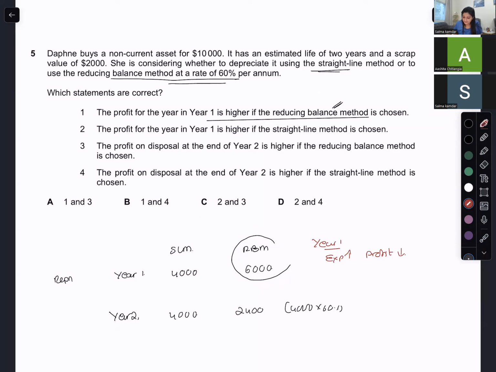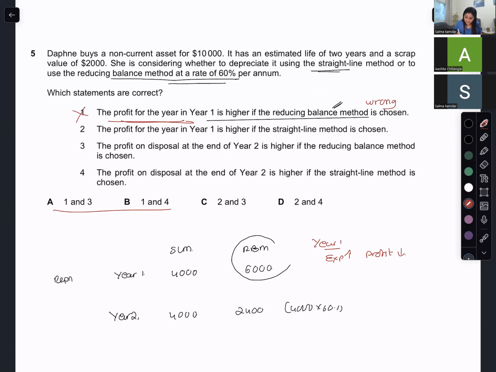Are you with me? So this statement is correct or wrong? I'm waiting, Ashika. No, it's wrong. Concentrate here. Yeah, I'm here only. This statement is wrong. So everything that is option one is incorrect.